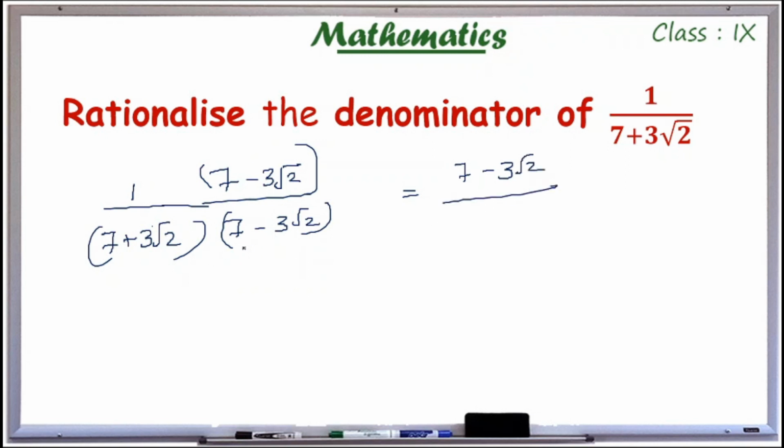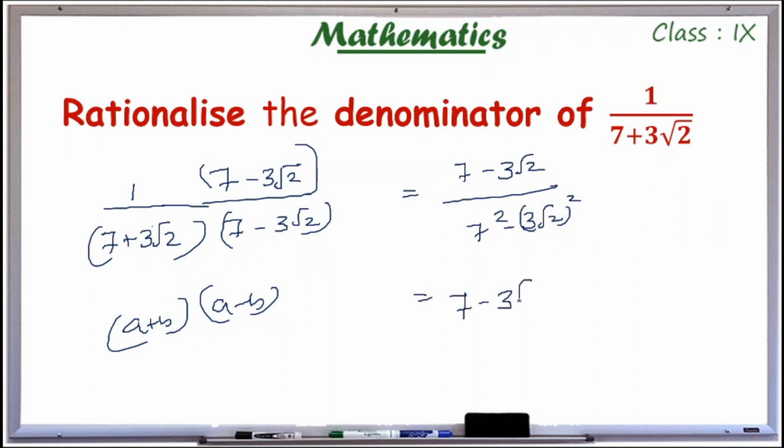7 plus 3 root 2 into 7 minus 3 root 2. It is of the form a plus b into a minus b, which is equal to a square minus b square. So 7 square minus 3 root 2 whole square. 7 minus 3 root 2 by 7 square is equal to 49. And this is of the form ab all raised to m, which is equal to a raised to m into b raised to m.